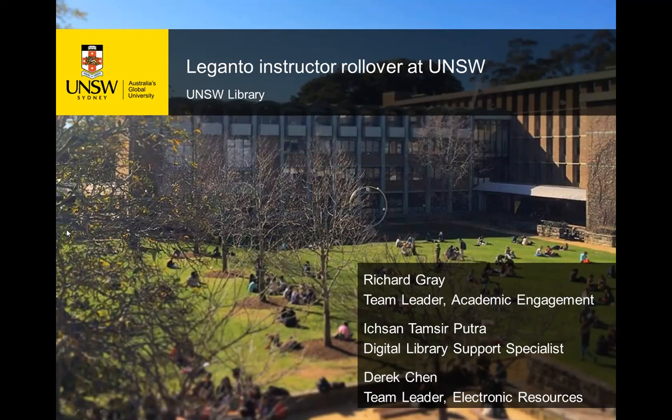We've also got Ichsan, who is our digital support specialist at UNSW Library, and he will be talking primarily about the technical implementation of the rollover function. Derek, who's the team leader in our electronic resources unit, will speak to the testing of the functionality as well, and then I'll speak again a little bit more about some of the feedback we've had from academics and where we potentially go next.